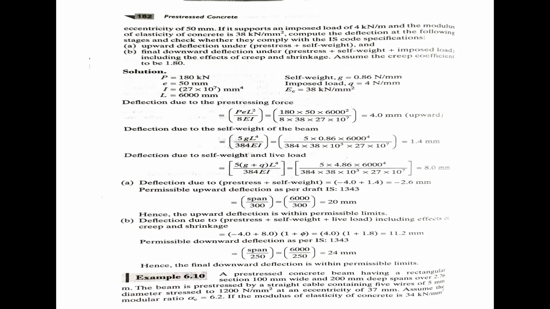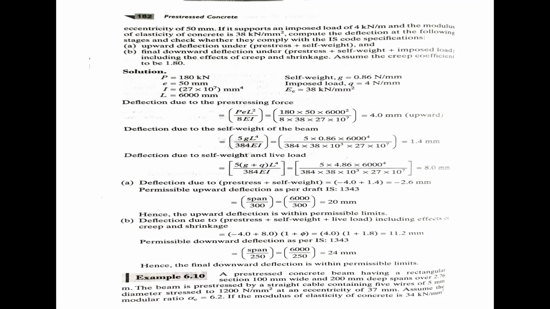Permissible upward deflection as per the draft Indian standard 1343, using the formula span by 300, 6000 by 300 equals 20 mm. Hence, the upward deflection is within the permissible limits.